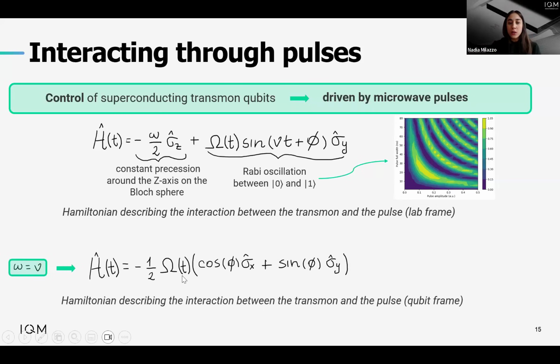And why do we like this equation more? Here you can see that we have two terms appearing, one sigma x and one sigma y.